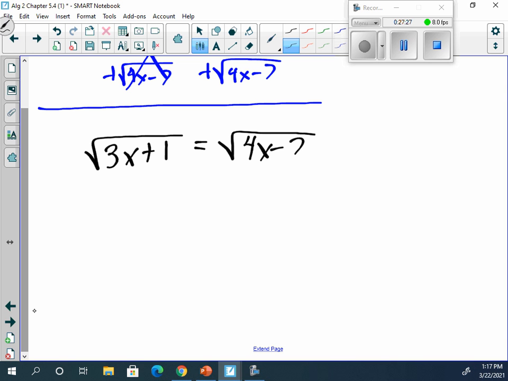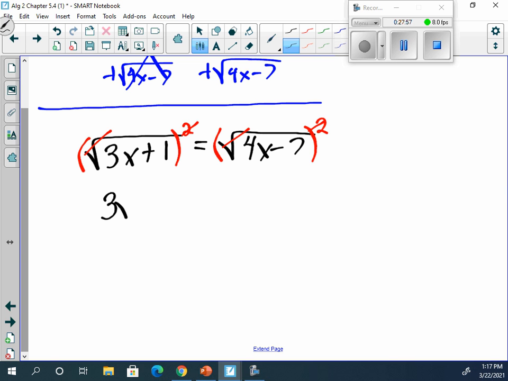Okay, so what can we do next? We can square both sides, just like we did with the last one. Since they're both square roots, squaring both sides will simplify these radicals. The square would cancel, square would cancel, bless you.